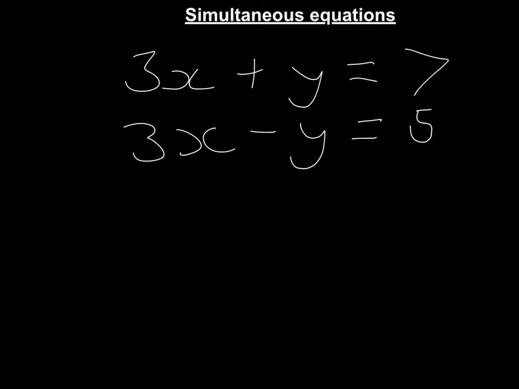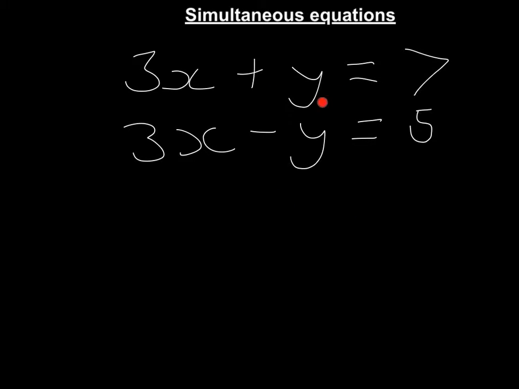The key bit of information from earlier was that anything take away itself is equal to 0. So here we got 3x, here we got 3x. So if we did 3x take away 3x, it would equal 0. We've also got this plus y and this minus y.